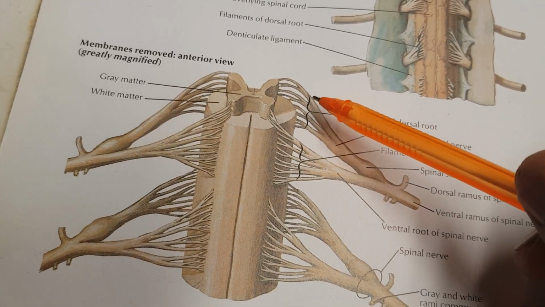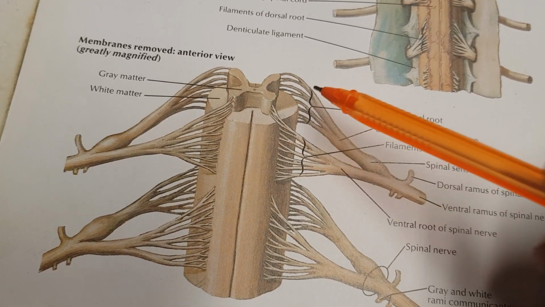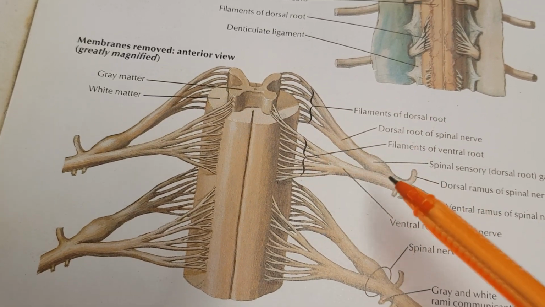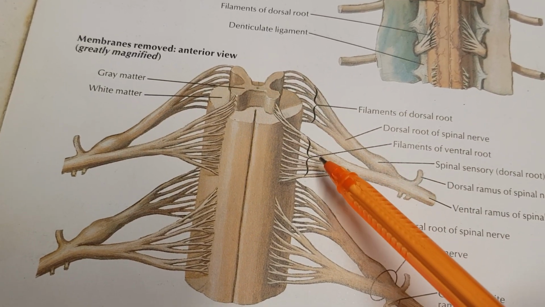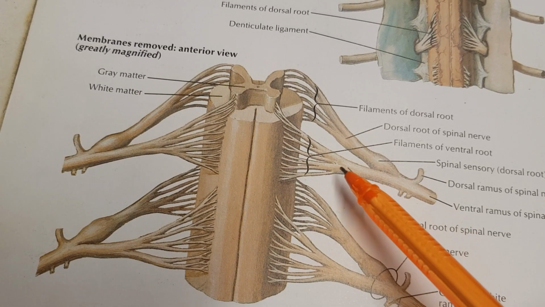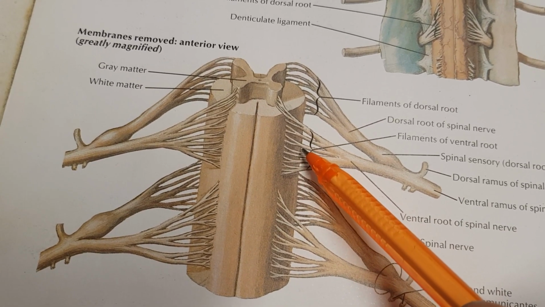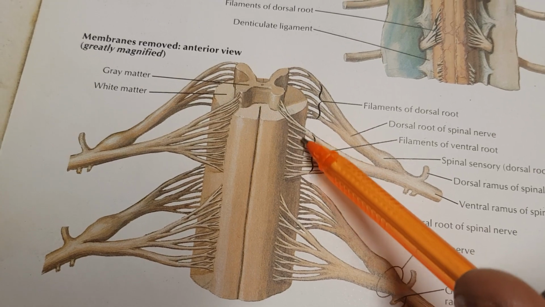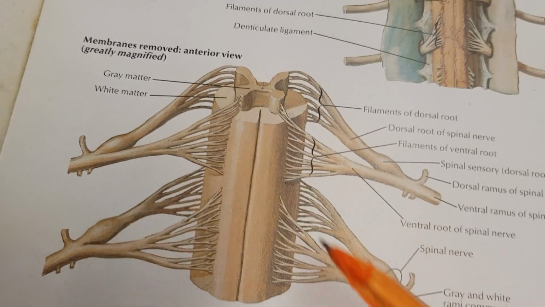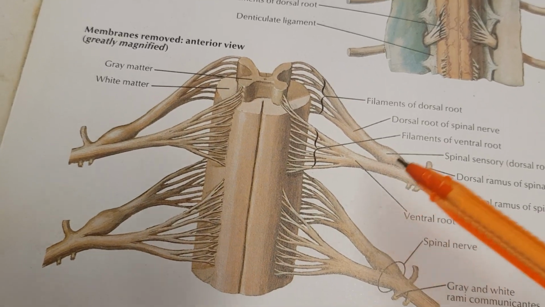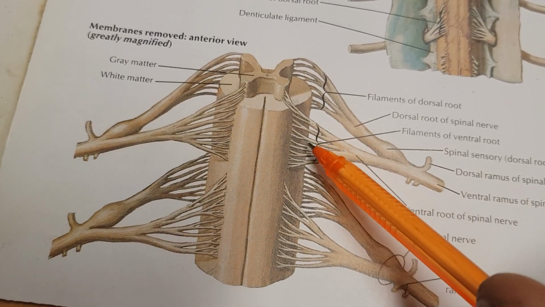So the dorsal part and the ventral part, these nerves will attach to the spinal cord via what we call filaments. They call them filaments of the ventral root, or ventral root filaments.